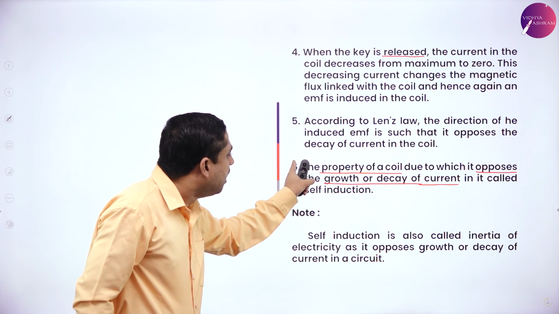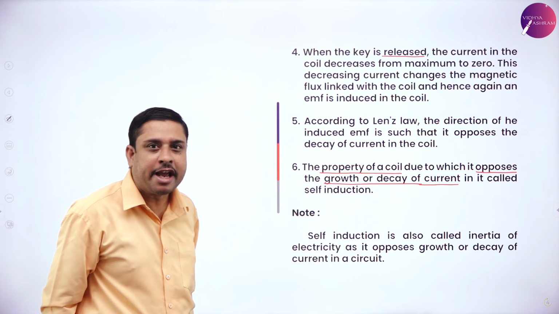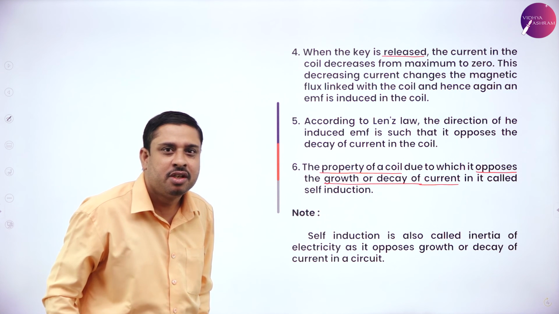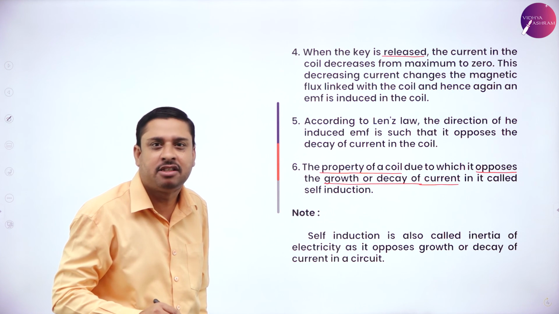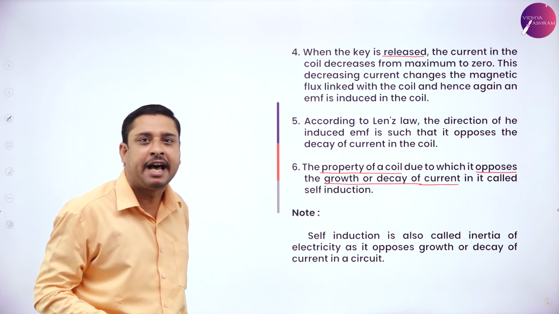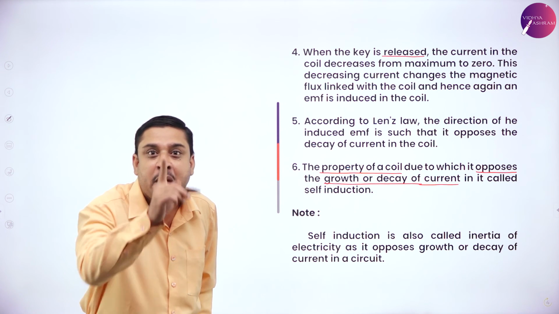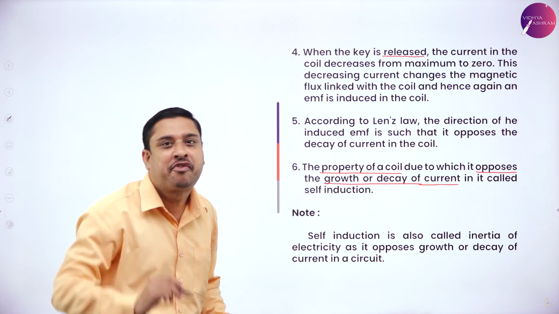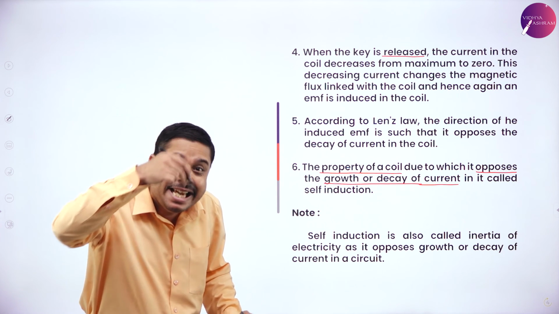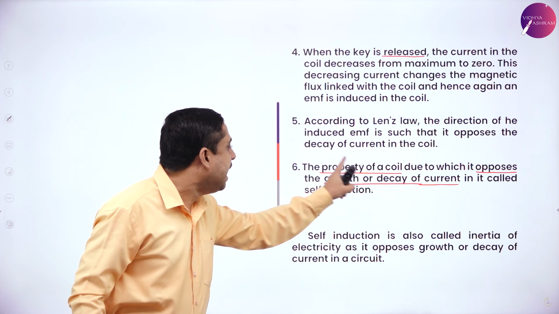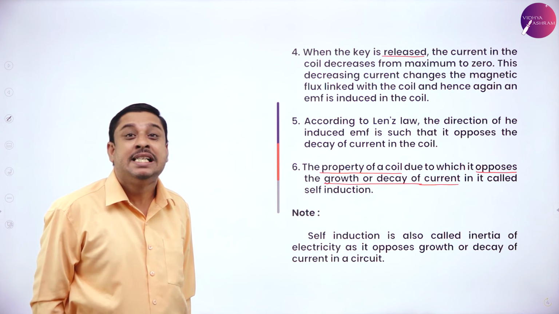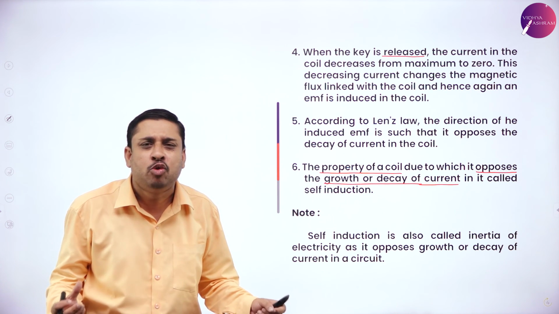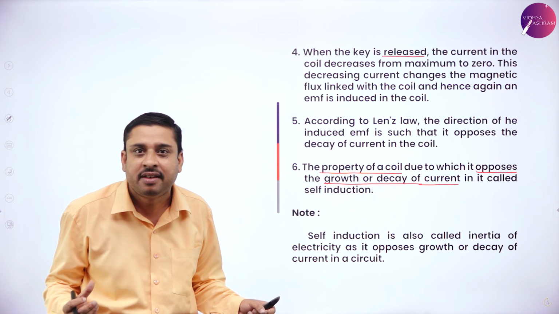It is the property, behavior of a coil due to which it opposes the growth of current or decay of current. See, induced EMF by Lenz's law opposes either the growth of current or decay of current in the coil, and that itself is called self-induction.